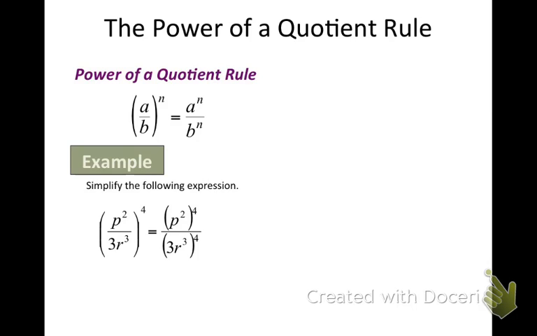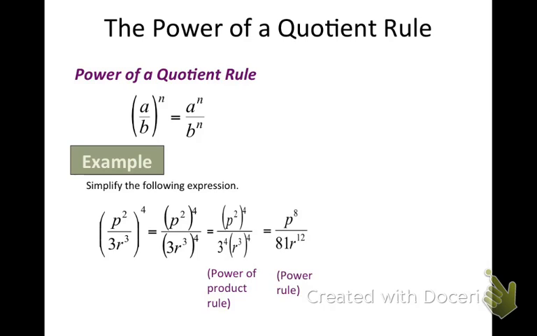We take 3 to the 4th and take r cubed to the 4th. And then you can evaluate and get p to the 8th power over 81 r to the 12th power. So again, if any of these would happen to be negative, you would then want to rewrite it and make sure that the exponent is positive in simplest form.